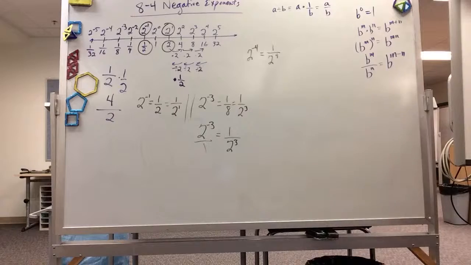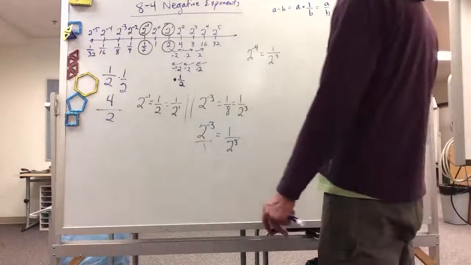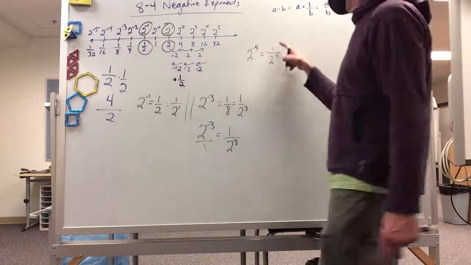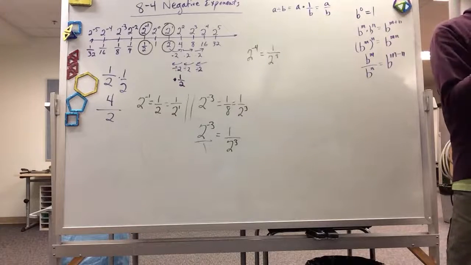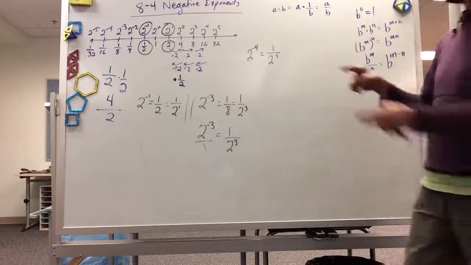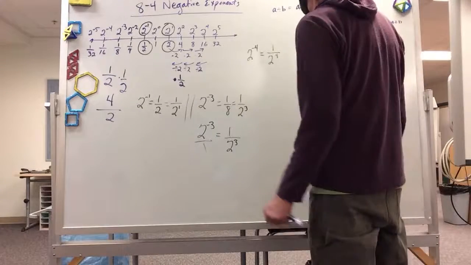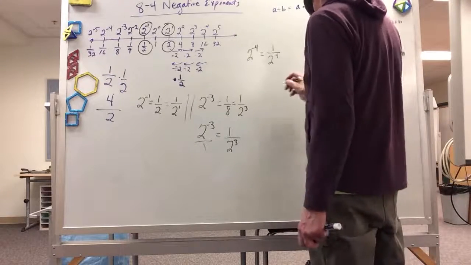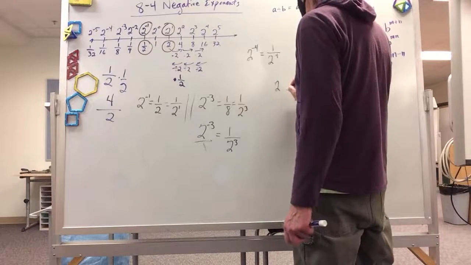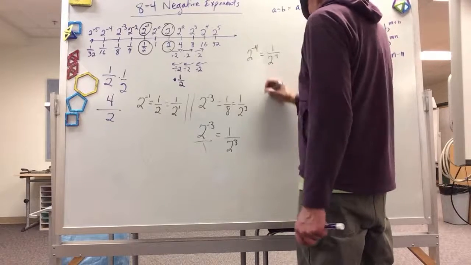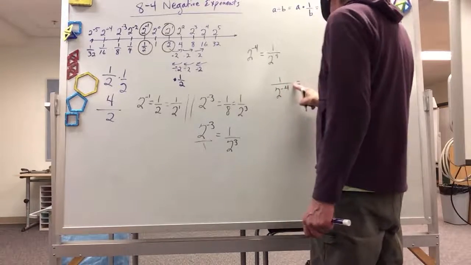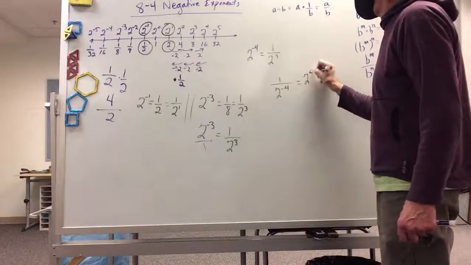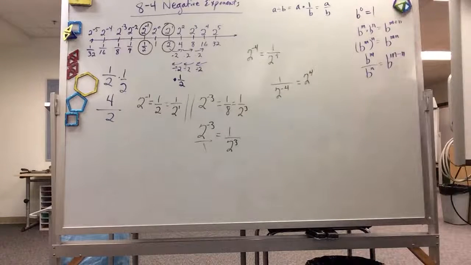So whenever we have a negative exponent, we can rewrite it as a positive exponent by taking the reciprocal of it. We can do the same thing on the bottom. If you had something like this, 1 over 2 to the negative 4th, that becomes 2 to the positive 4th.